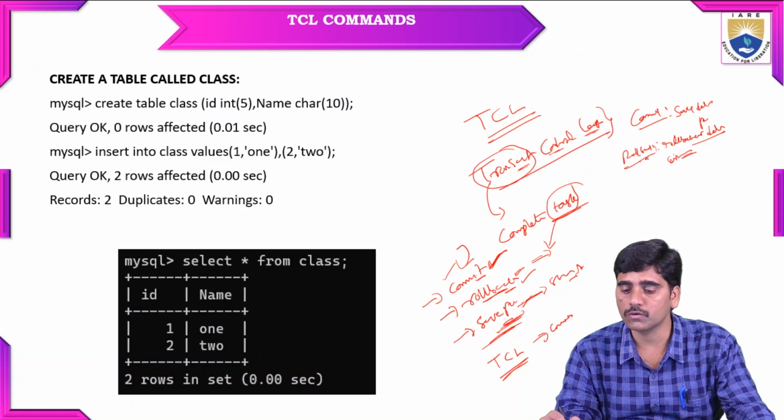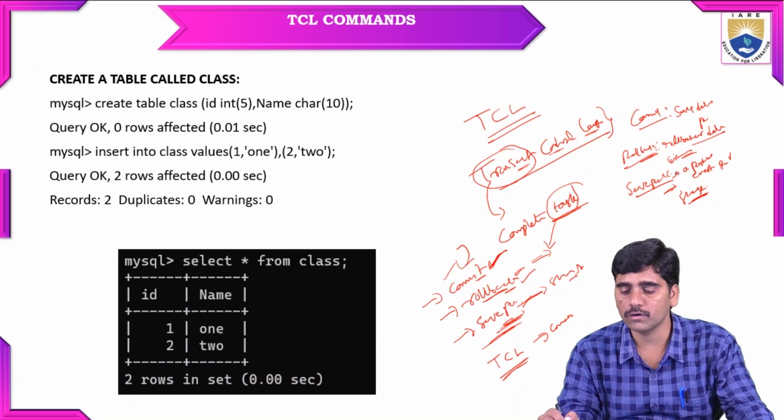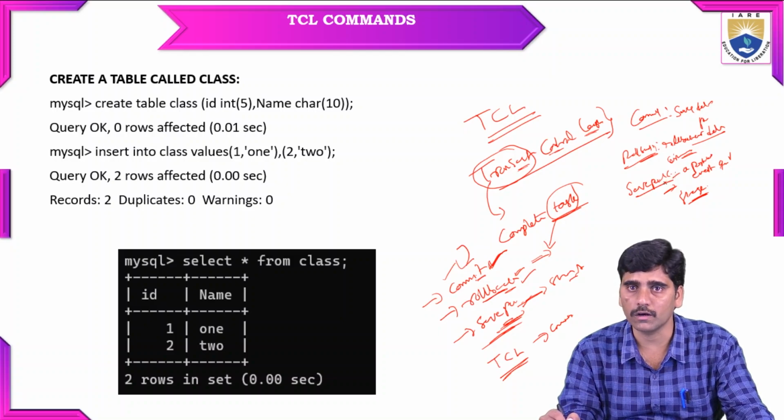For that, you need to create save points. Save points are nothing but a particular stage, creating an event for that particular stage. At that stage you create a save point, which means on that point you are going to roll back your data.